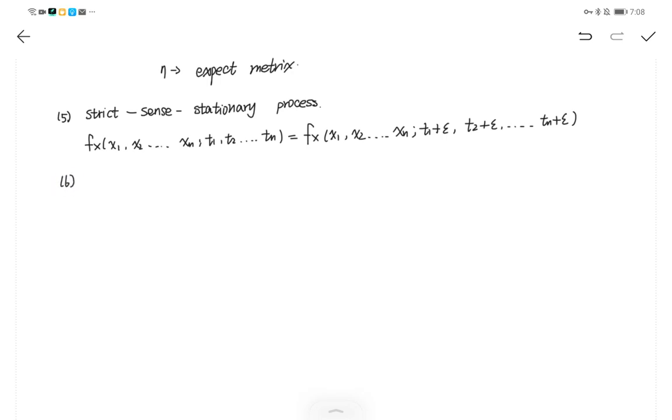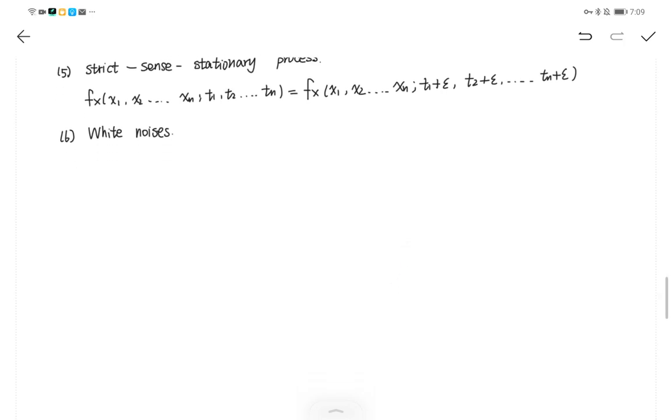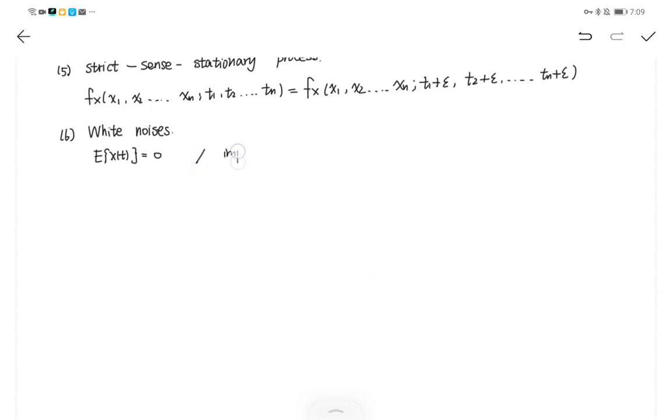And number 6, white noise. The white noise process, we define the general white noise with the expect equals 0 and impulse autocorrelation function.